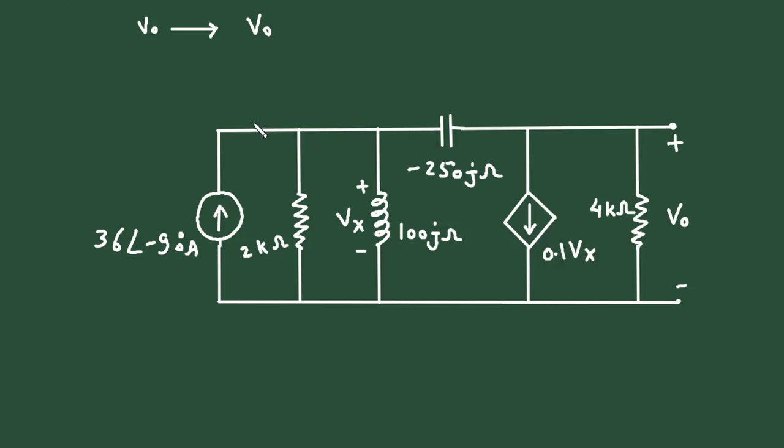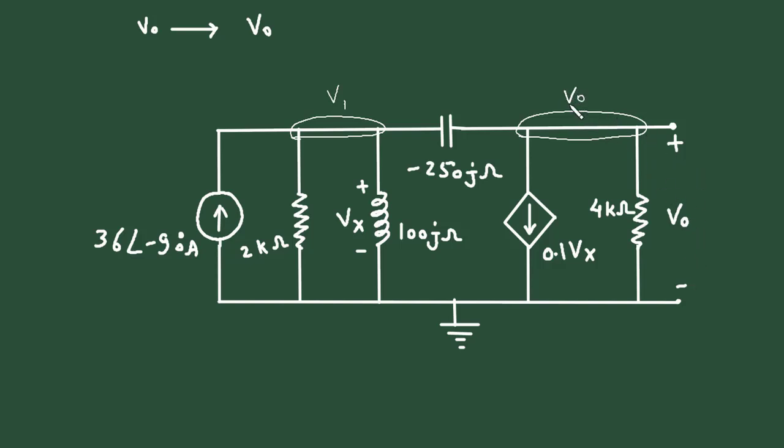So now here we can assume this as the reference node, this as the node 1 V1, and this as the node V2, or we can take this as VO node because here the voltage is VO.